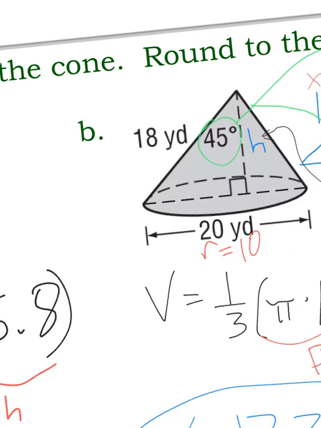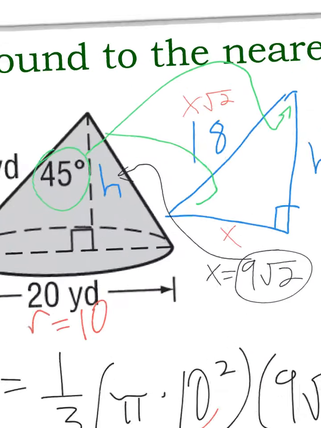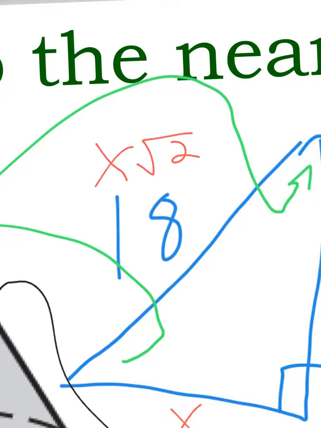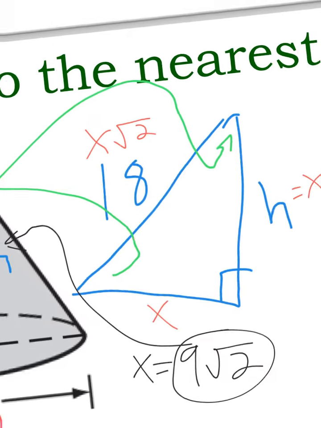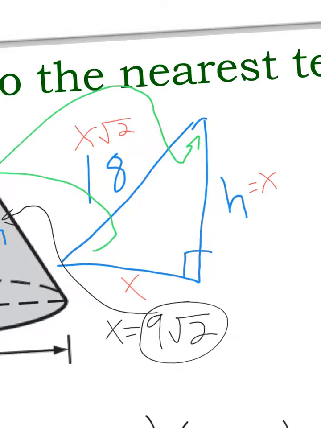If you'll recall, if you have a whole number for that x square root 2 side, then the pattern is cut that number in half and throw a square root 2 next to it for the two shorter sides. So I have h, and I wrote h equals x, and I put x on the bottom as well, because that's how it was in the formula.